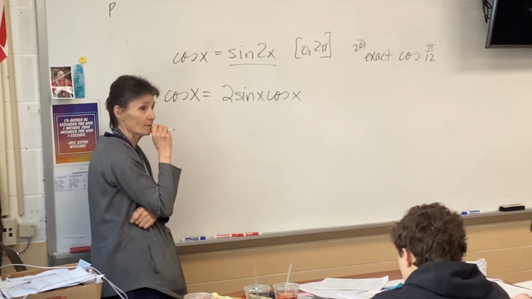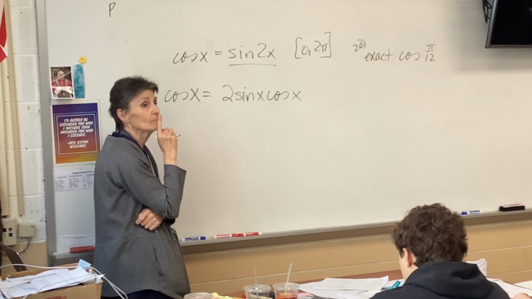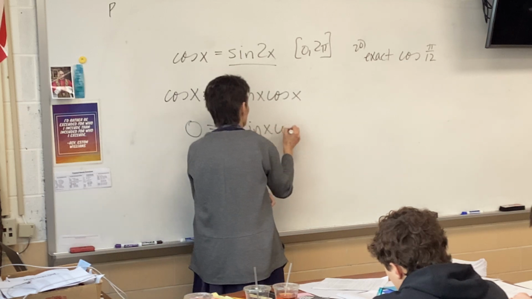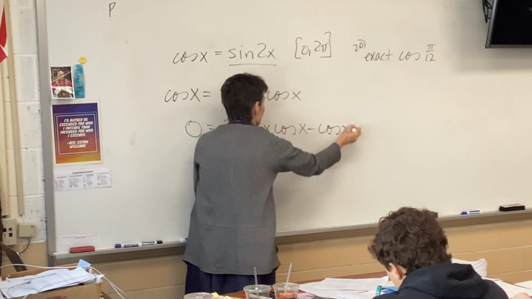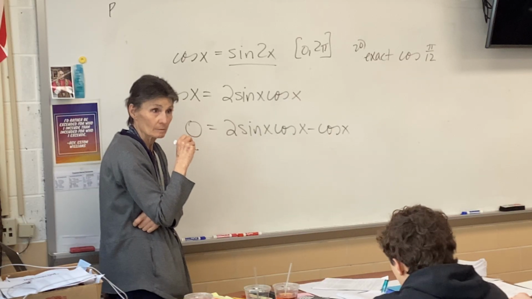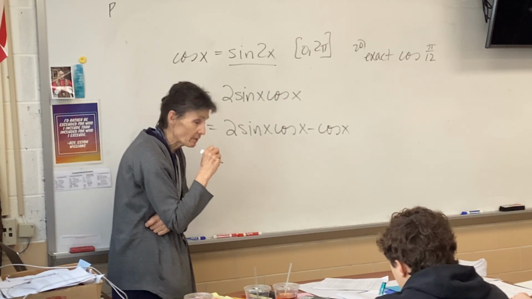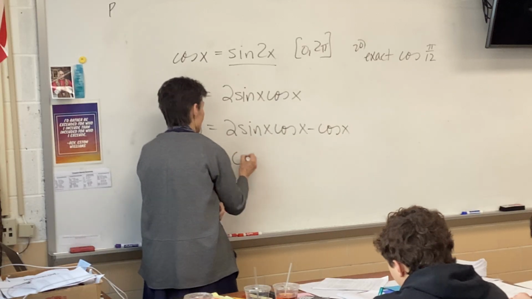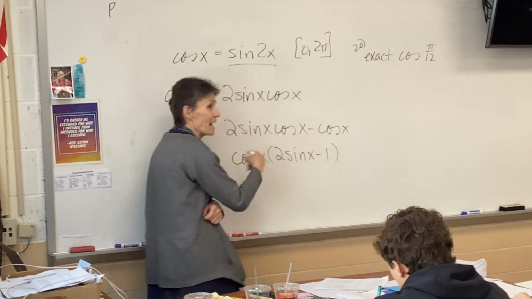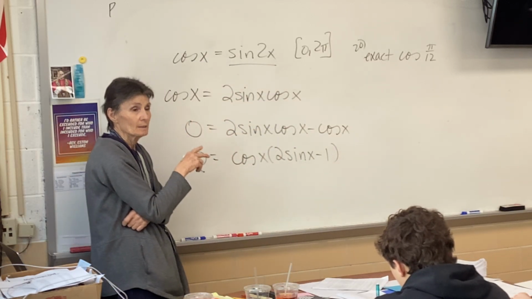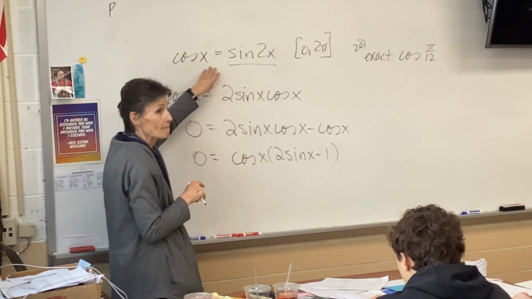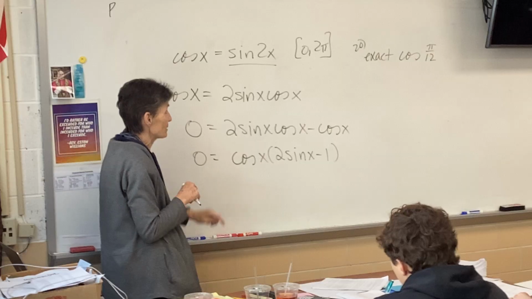What do we do to solve this? Get the cosine over. And then we'll factor. And then I'm not gonna finish it because isn't that exactly what our quiz question was? It's exactly the same problem. Looked different in the beginning, but that is your quiz question.